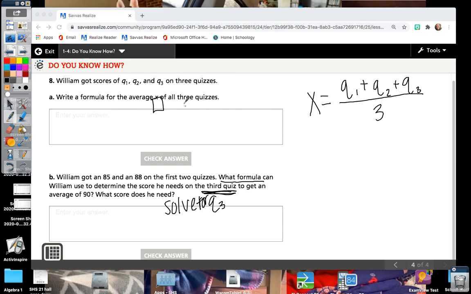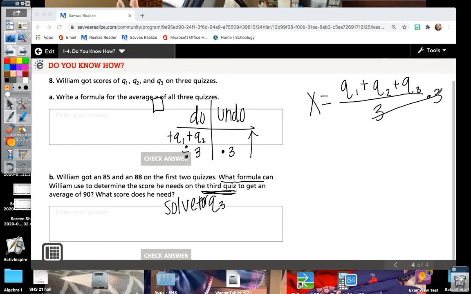So if we do our do-undo table, what's happening to it first? With it up top, it's adding Q1 and Q2. On the bottom, it's dividing by 3. So to undo it, work it backward. Instead of dividing by 3, we're going to multiply by 3. It'll cancel it out. Multiply by 3 on x, and we just get 3x.